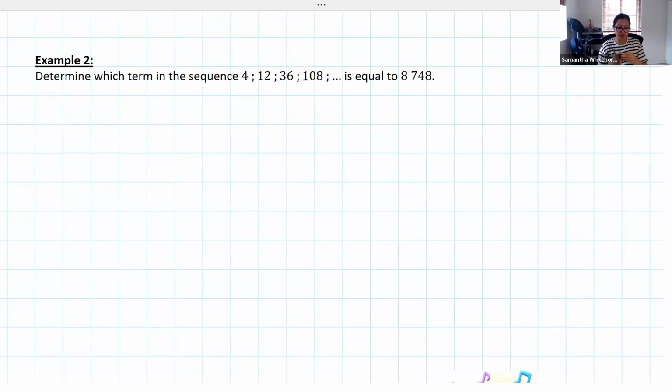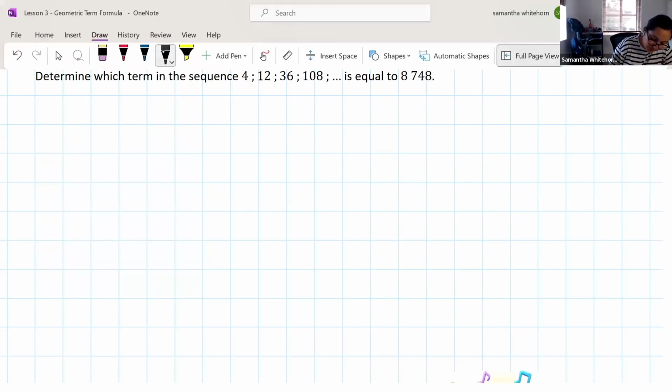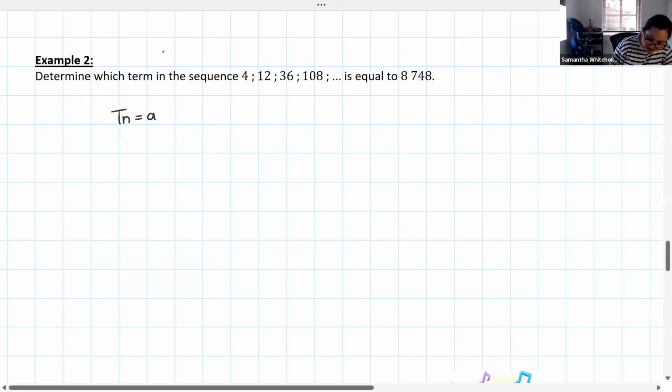Determine which term in the sequence 4, 12, 36, 108 is equal to or has a value of 8,748. All right, so if we want to do that, the first thing that we need is our general term. So Tn is equal to A times R to the power n minus 1.